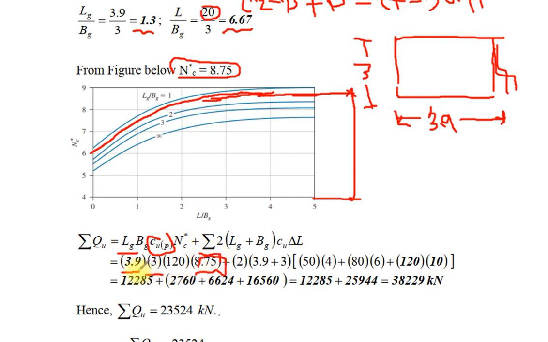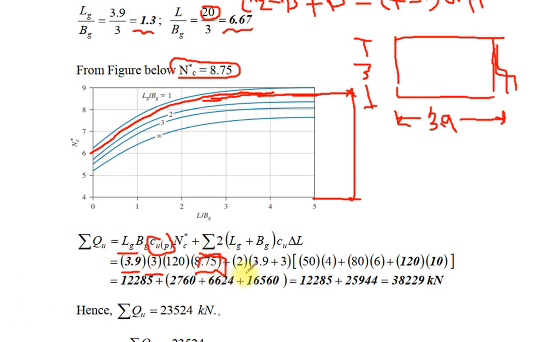What is the difference between the point resistance computed in this method and the previous criteria? NC here is 8.75, while in the previous method it is 9. LG by BG equals 3.9 multiplied by 3, while the previous method used 0.3 multiplied by 0.3.